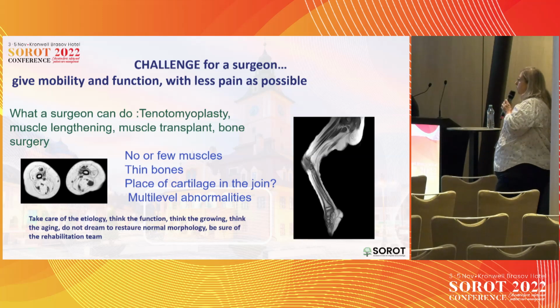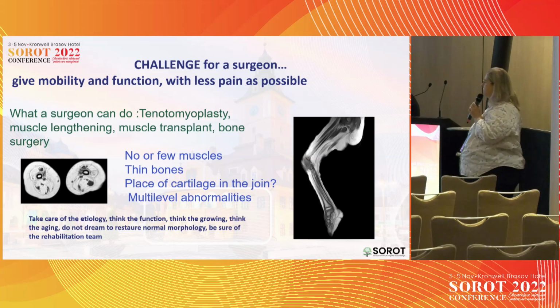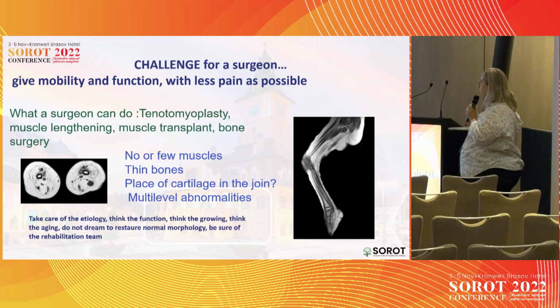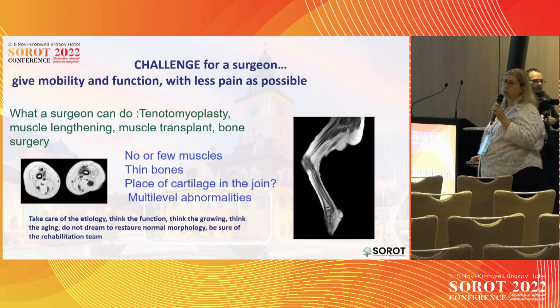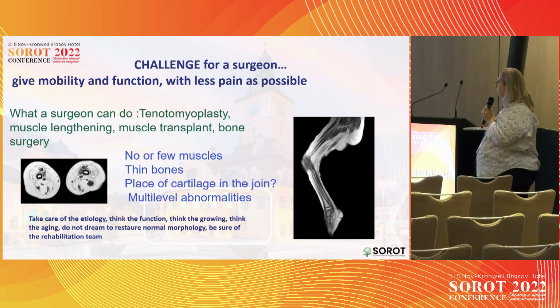So arthrogryposis is a challenge for a surgeon because we have to give mobility and function with as little pain as possible. Normally a surgeon can do tendinoplasty, muscle lengthening, muscle transplant, bone surgery, but here there is no or few muscle, very thin bones, we don't really know where the cartilage is, and there is multi-level abnormality.